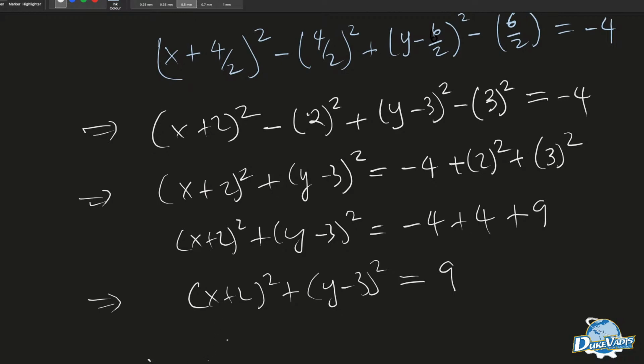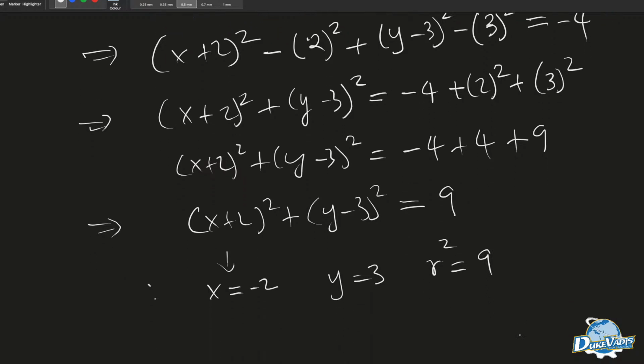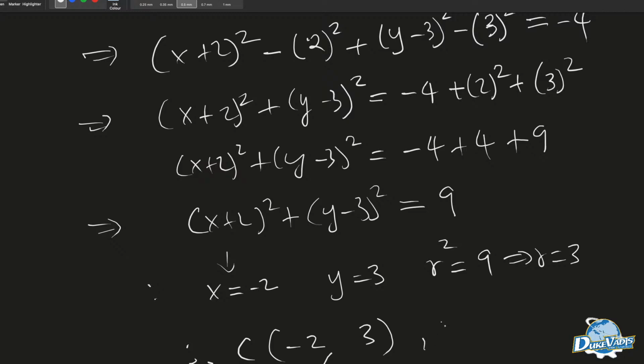Meaning here x plus 2 equals 0, that will give x equals negative 2, and y minus 3 equals 0, this y equals 3. And r squared equals 9, meaning r equals 3. So our center is negative 2, 3, and r equals 3.